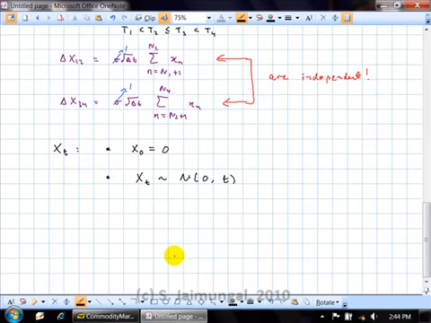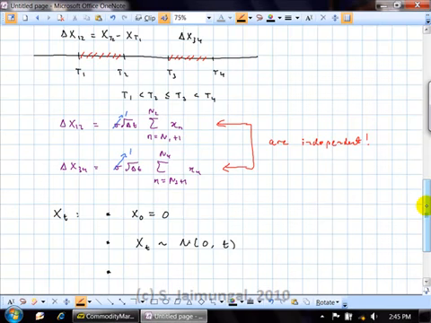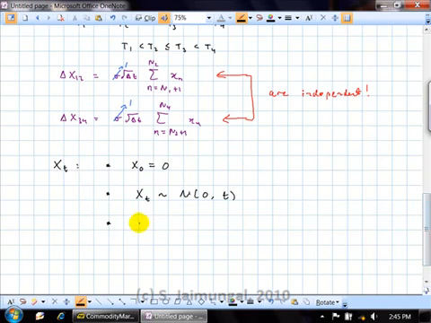With that little correction, we have that the x's are all normal with mean 0 and variance t. We also have this independence property. This is called the independence of increments property. So it has independent increments.